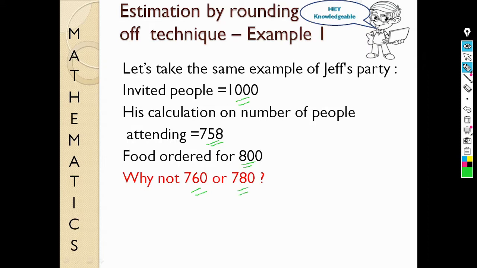Because he wanted to accommodate some fluctuations where more people can come, and he wanted that no guest should go without food. That's why he approximated to 800. And here basically he is approximating to the nearest 100. We will see what that means in the next few slides.